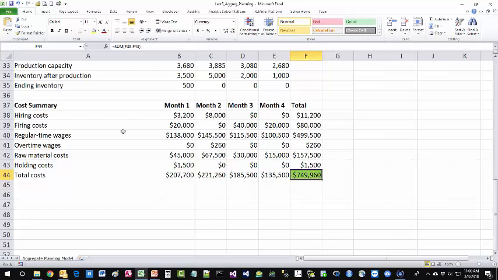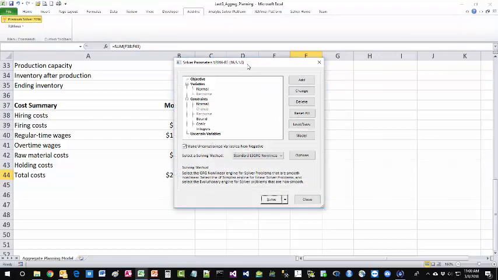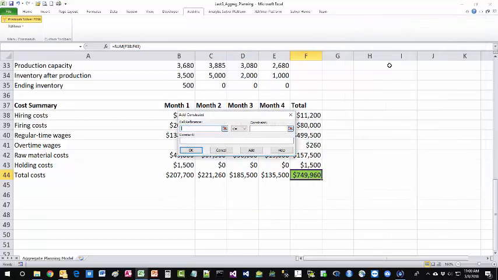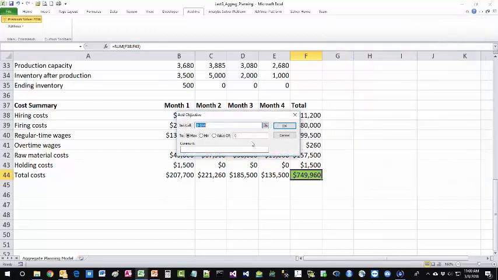Okay, so clicking on that cell and going into add-ins, premium solver, moving it a little to the right, extending it a little bit. We're going to add the objective to be F44, right? And we want to minimize the total cost.